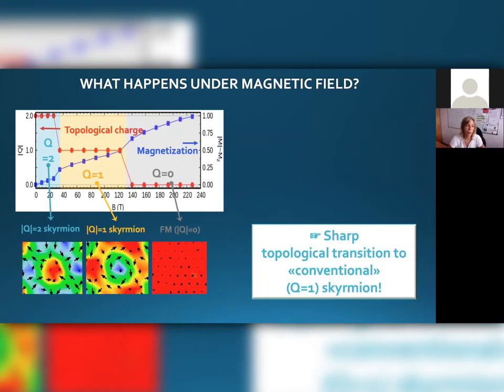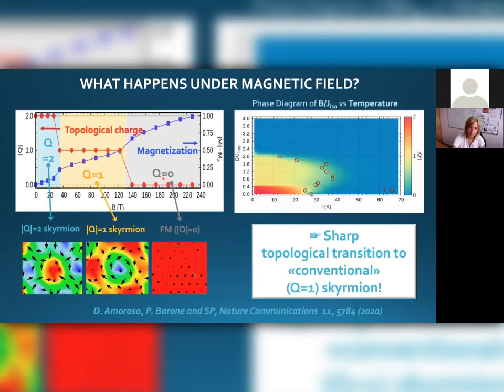I start with zero field, then Q equal 2, then I apply a field, and at a certain point there is a discontinuous jump to Q equal 1, so a normal skyrmion, and then for very large field I have Q equal 0. Of course, the system is then in a ferromagnetic state.